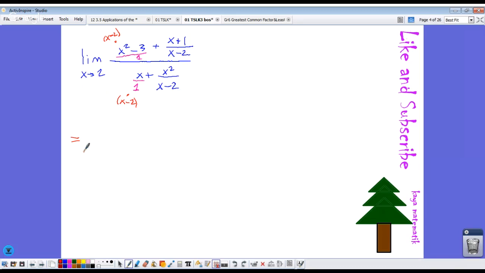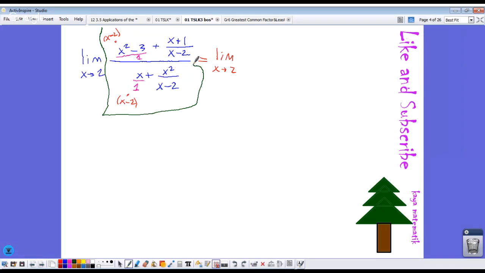So guys, I don't want to write the limit always. So I'm going to write the limit x approaches 2 later, over there. So I want to make this algebraic part without writing the limit.